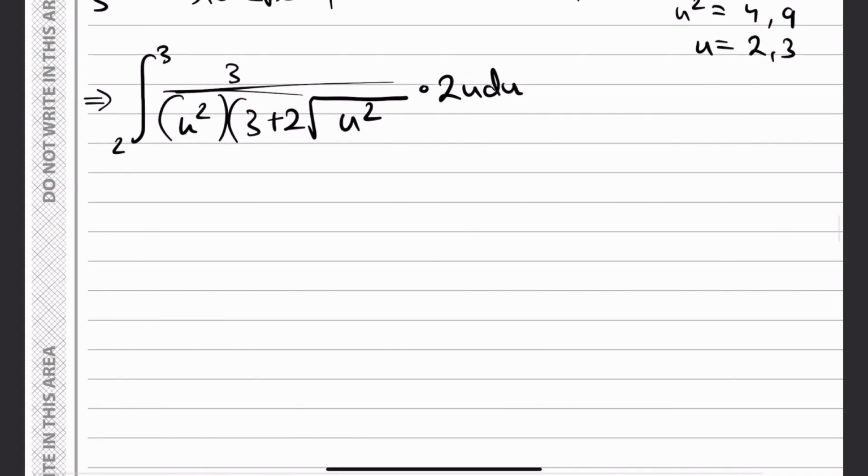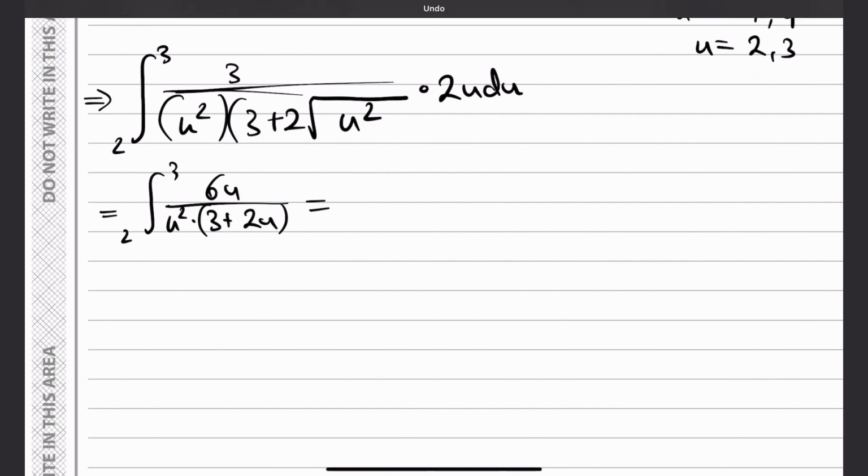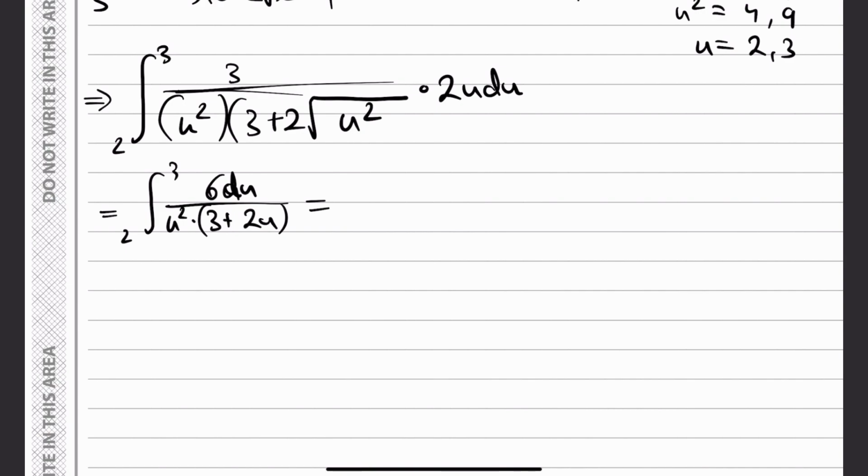Okay, and so that is equal to the integral from 2 to 3 of 6u du over, if we just fix up this denominator, u squared multiplied by 3 plus 2u, which is the integral from 2 to 3 of 6u du over 3u squared plus 2u cubed.